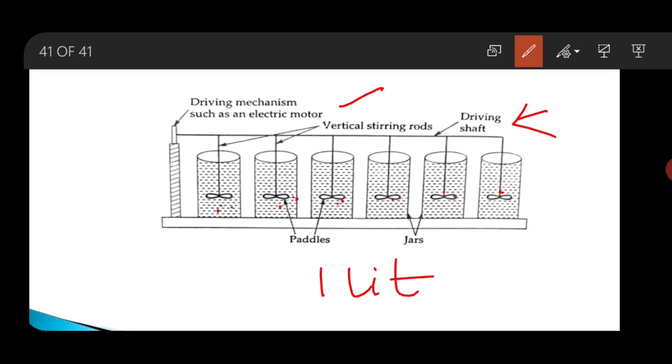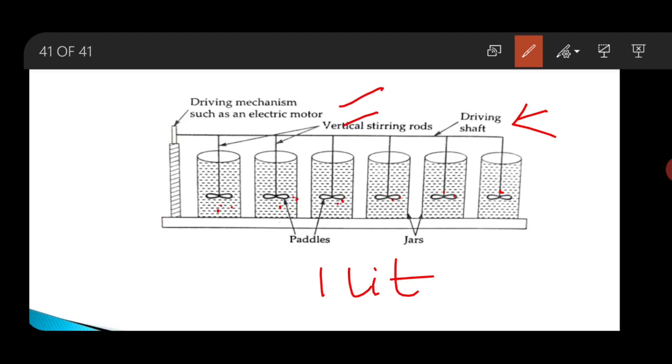After the addition of coagulant, the driving unit is started. The paddles placed inside the jar are connected with the driving shaft through the vertical stirring rods. So these are the vertical stirring rods, which will rotate inside the jar.